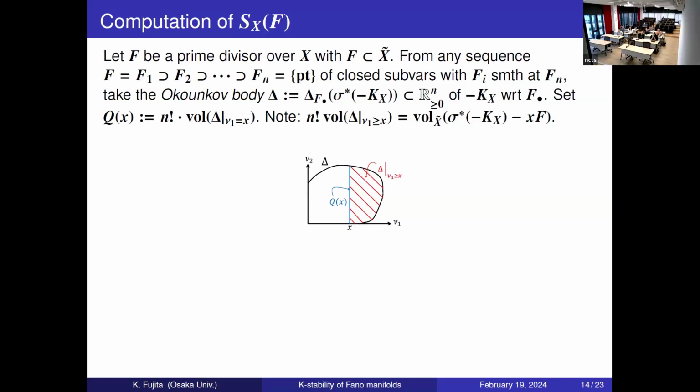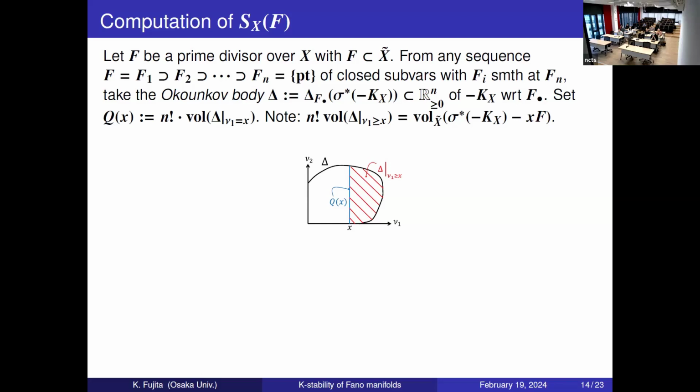The Okounkov body can be determined from the information of a so-called admissible flag, that is, a sequence of closed subvarieties of codimension 1, 2, 3, up to n, so Fn is a point, such that with some smoothness condition, each subvariety of codimension i is smooth at the last point.